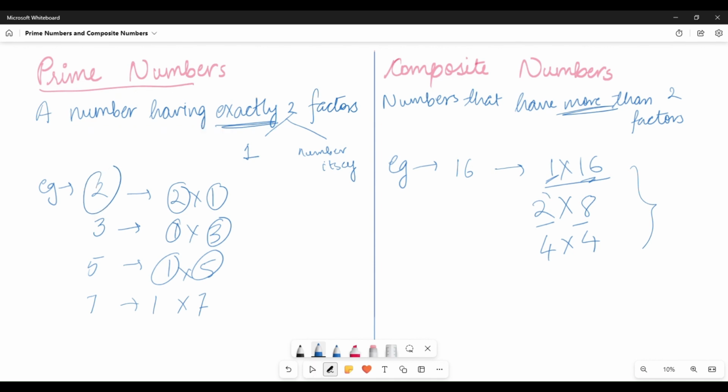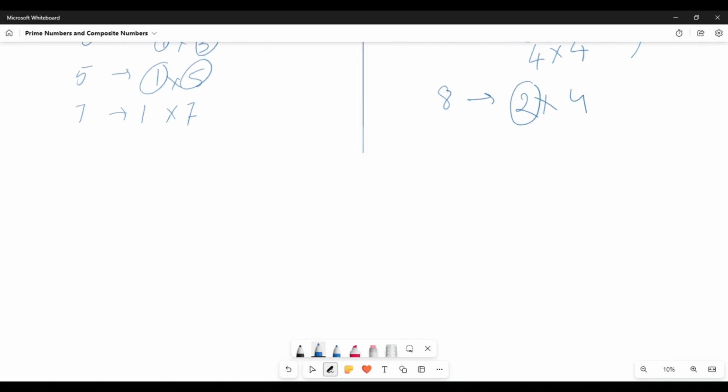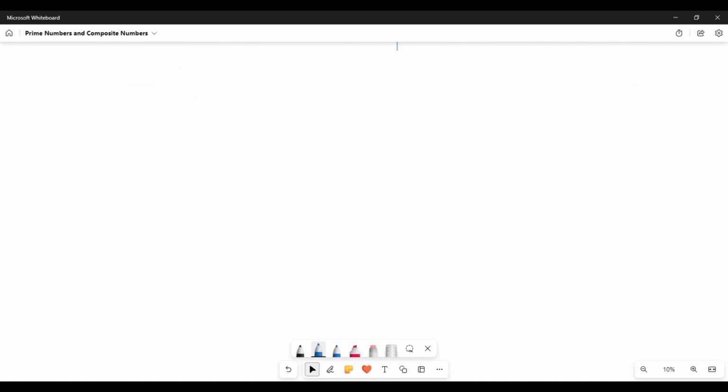So 16 has 2, and for example if I'm taking 8, 8 could be written as 2 times 4. So 2 is always a factor of an even number, right? So even numbers are always composite except there's only one exception, which is that 2 itself is a prime number. It's the smallest prime number.